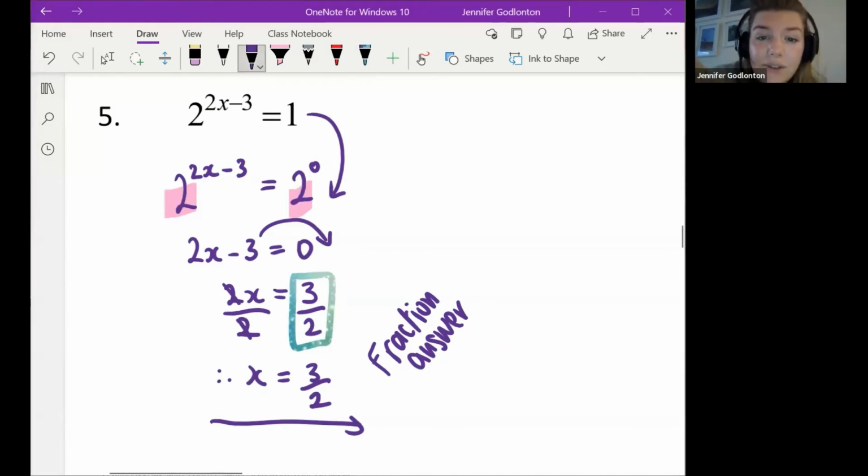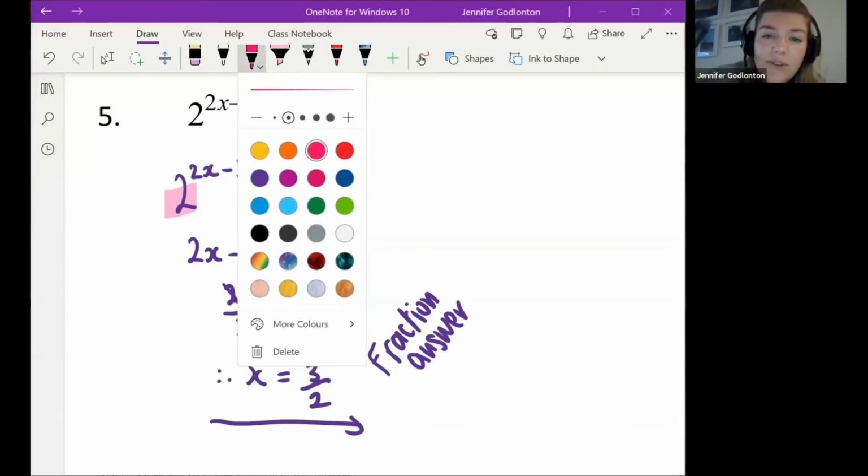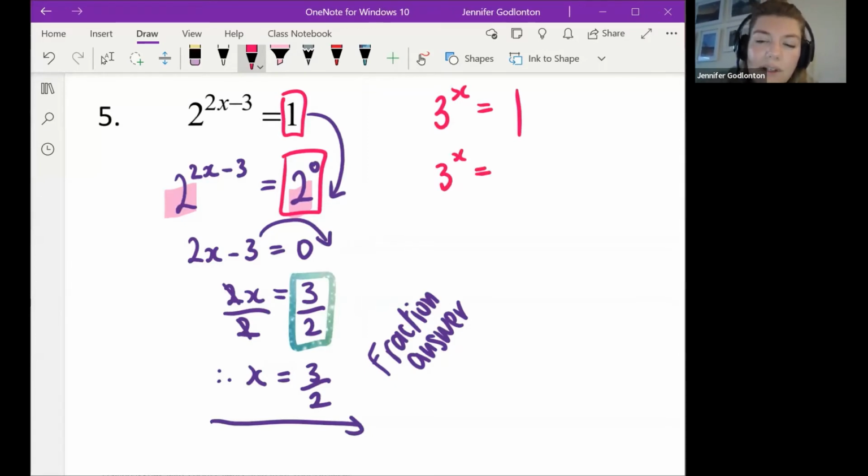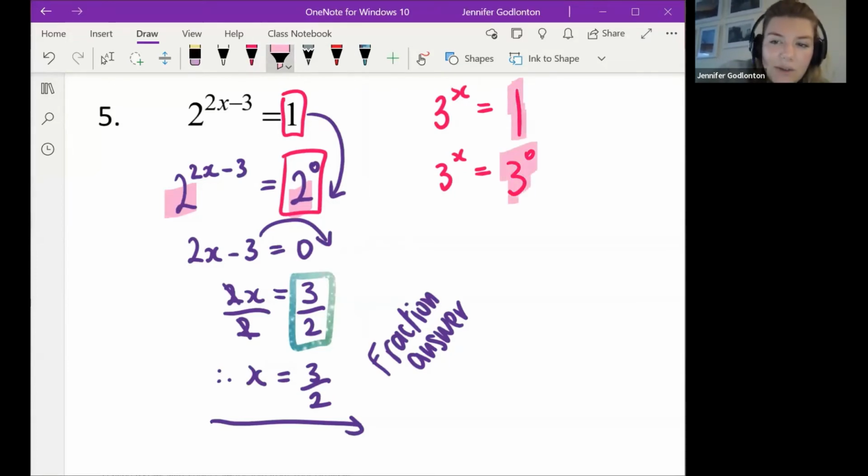Okay, so as soon as you see a 1, you can make it with whatever base you want to the power of 0. So if I had something like 3 to the power of x is equal to 1, I'm allowed to say that 3 to the power of x is equal to 3 to the power of 0. So whenever you have a 1, you can choose whatever base you want and make it to the power of 0. Okay, thank you. Sure.